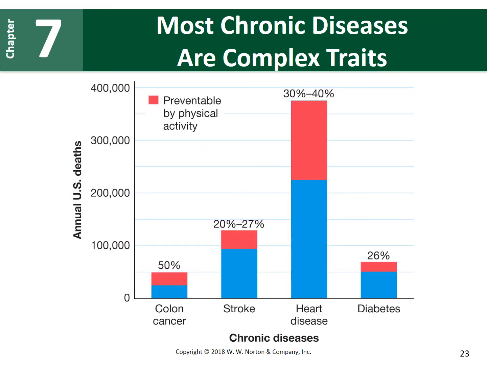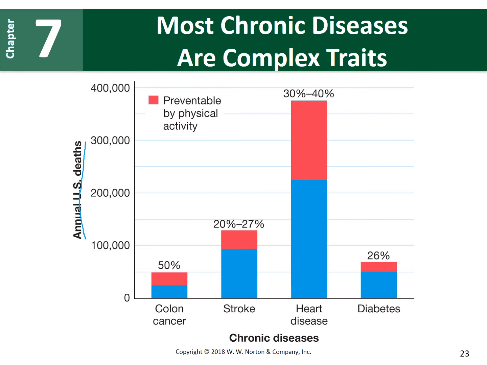So most chronic diseases are very complex traits, and some of this can be controlled by different environmental conditions like physical activity. So here, for example, are different chronic diseases, so colon cancer, stroke, heart disease, diabetes, and the number of annual U.S. deaths from those different diseases.